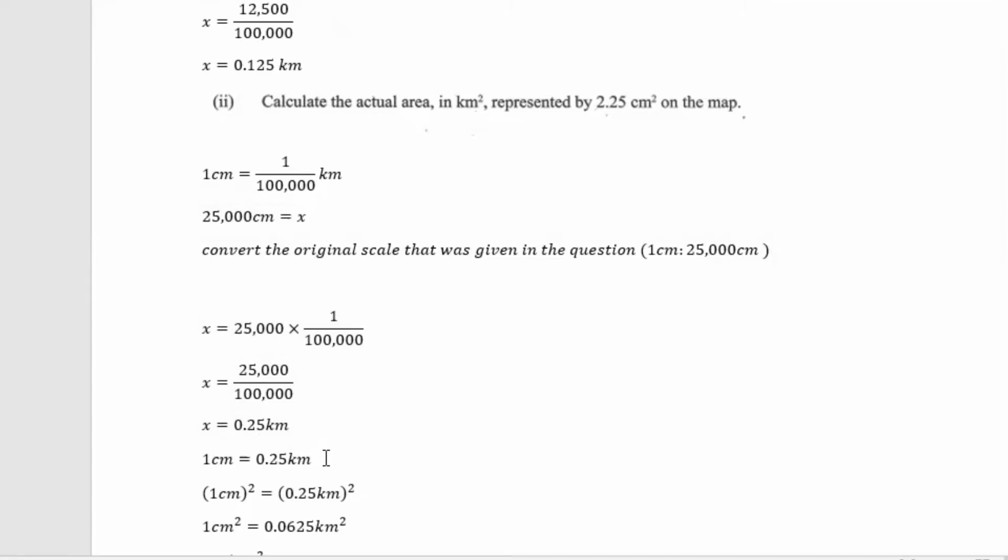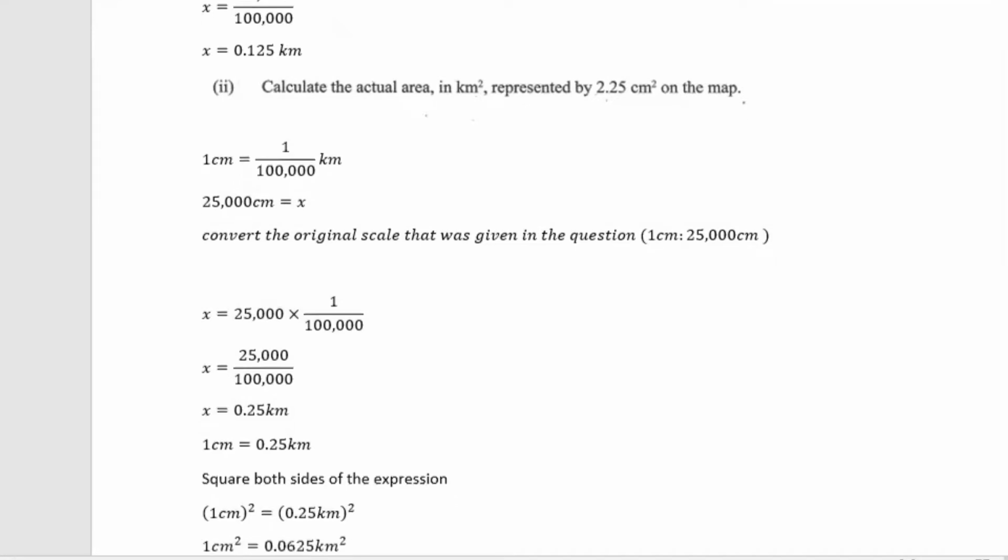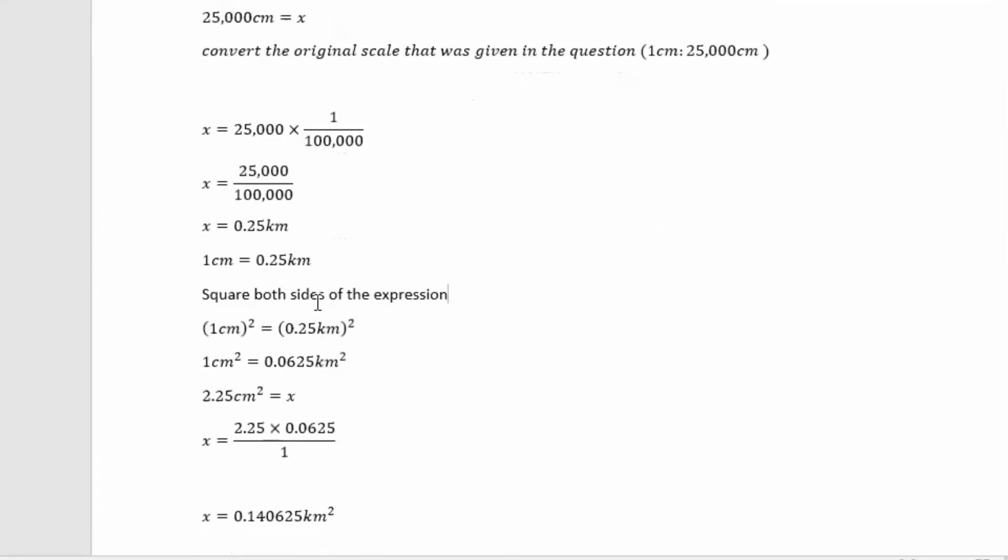Now if we square both sides, as we're trying to calculate the area in kilometers squared, we squared both sides of the expression. So we did 1 centimeter squared and we squared 0.25 kilometers.